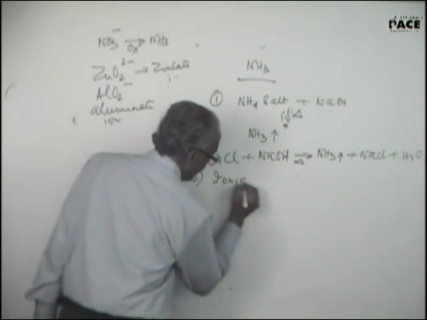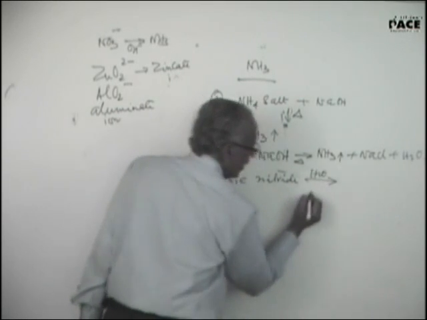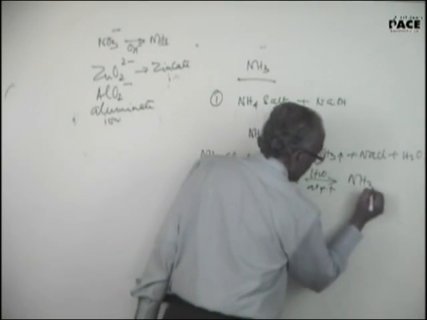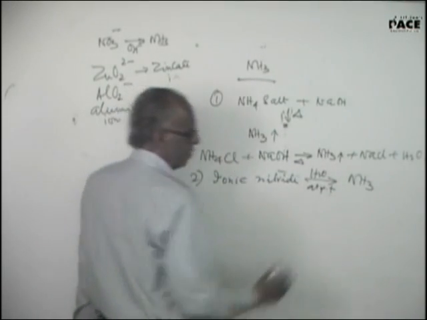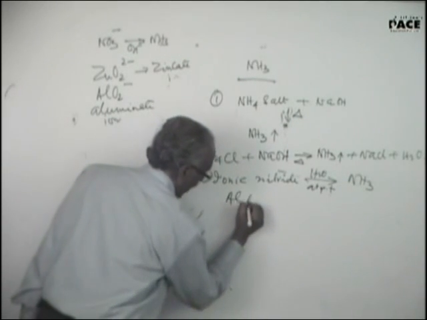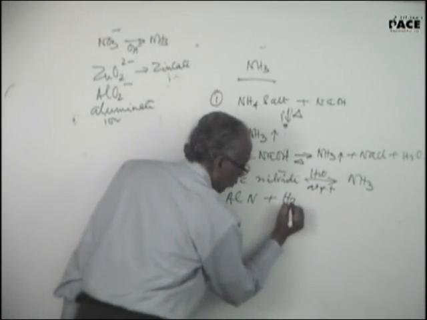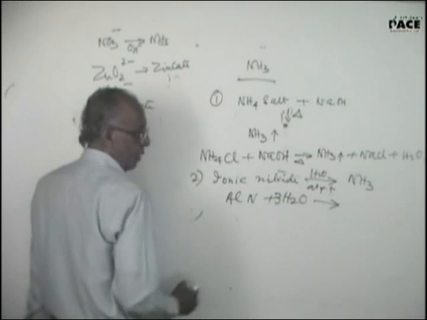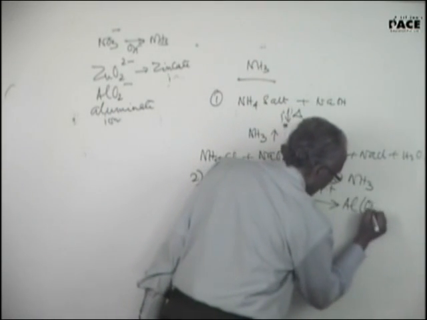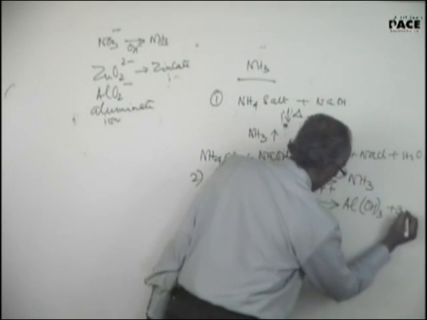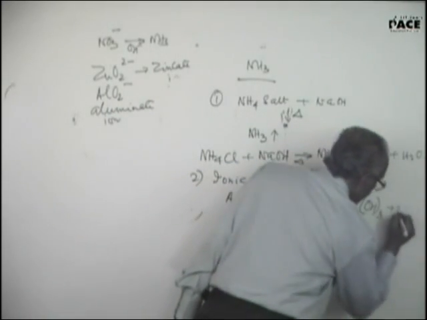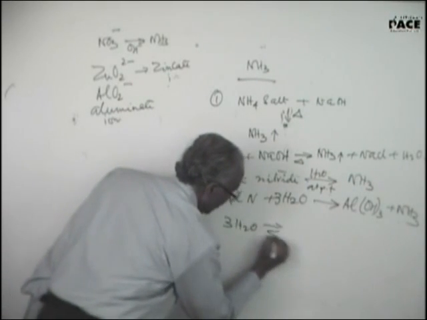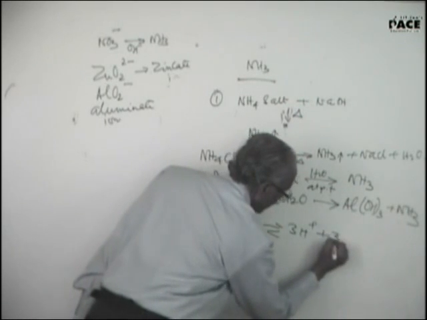ionic nitride, when you add water at room temperature, you get ammonia gas and metal hydroxide. So if I take aluminium nitride and add 3 moles of water per mole of aluminium nitride, I will get aluminium hydroxide and 1 mole of ammonia. 3 moles of water gives me 3 proton plus 3 hydroxide ion.